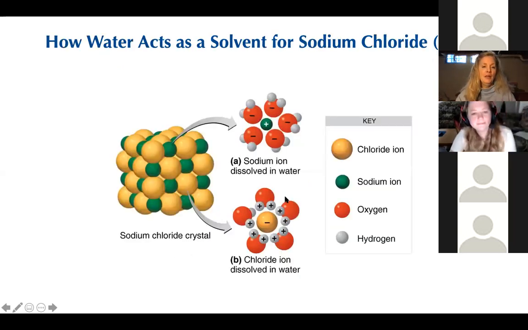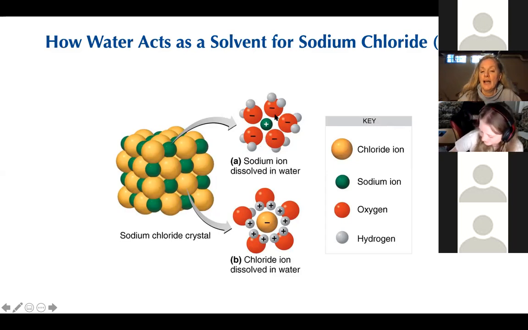Now, how does water act as the solvent for things like sodium chloride? Well, sodium chloride, when you put it in water, will break apart into its component ions. So you'll have your small cation of sodium over here and your larger anion of chloride, and the water will align the negative charges of the oxygen around each sodium, and the positive faces of the hydrogens will align around the anion of the chloride.